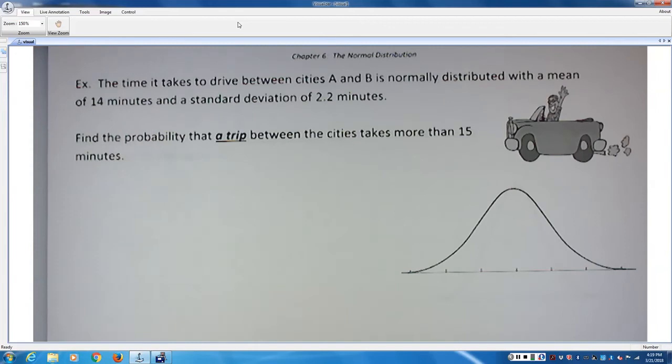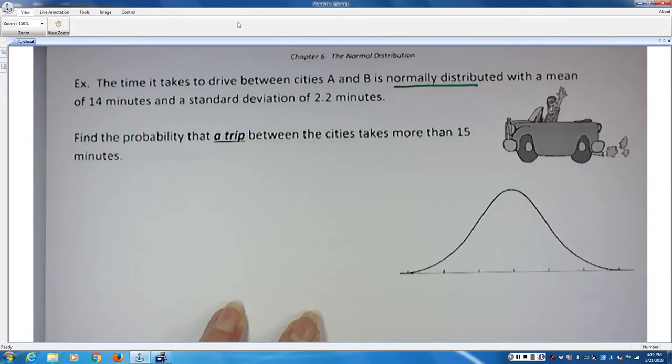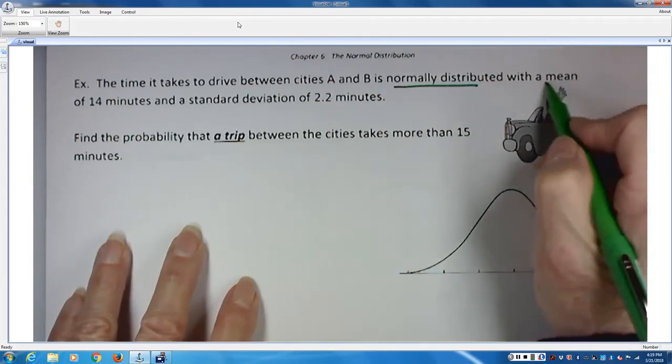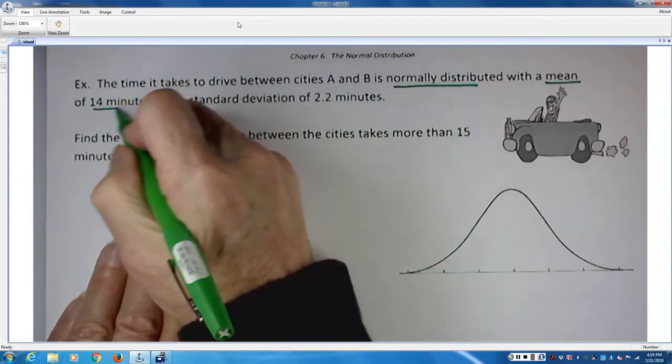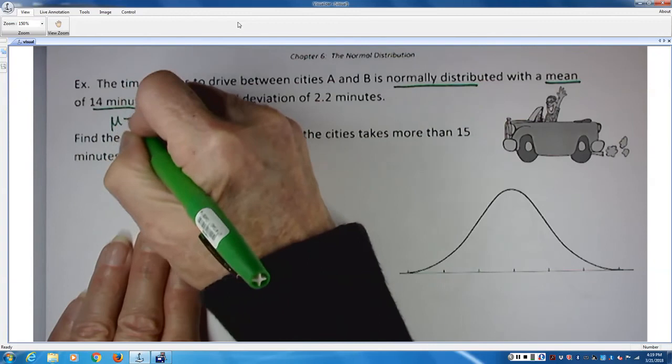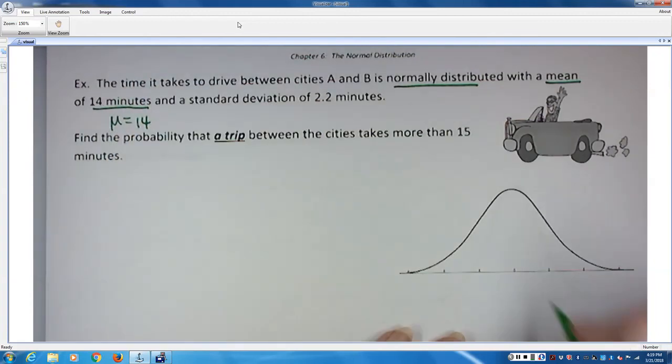So we're going to work an example, but we're going to work it both of the different ways that we've been working problems. The first one is like what we've been doing. The time it takes to drive between cities A and B is normally distributed with a mean, that would be mu, of 14 minutes, and a standard deviation of 2.2 minutes.